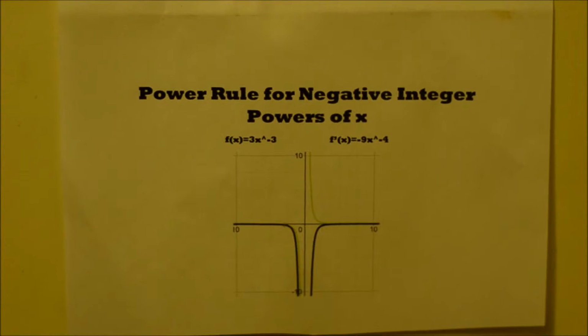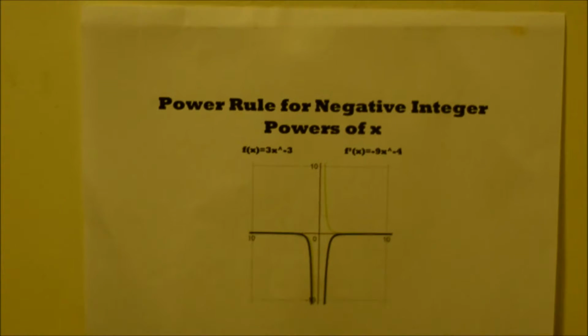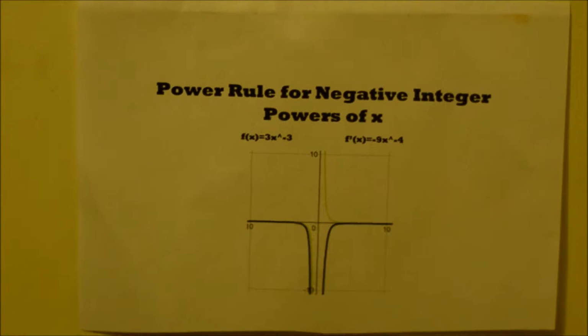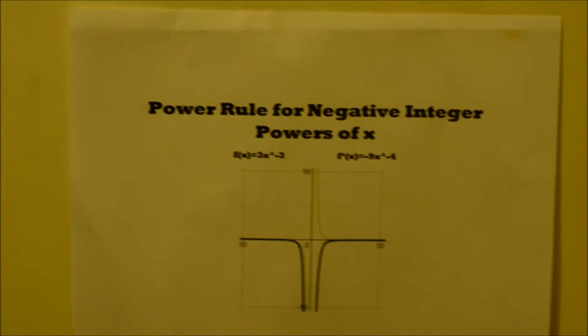Oh hey, over to my right, we have the power rule for negative integer powers of x. Similar to the power rule for positive integers, whenever there is a function with a negative exponent, you multiply that exponent by the leading coefficient and then subtract 1 from the exponent.